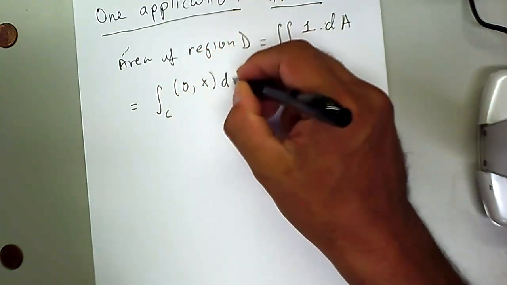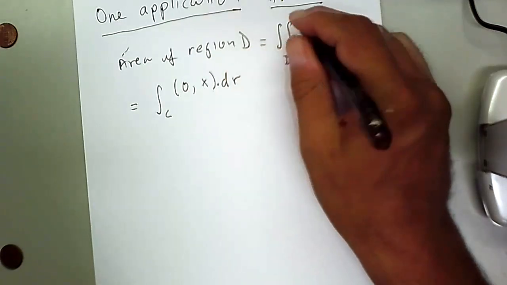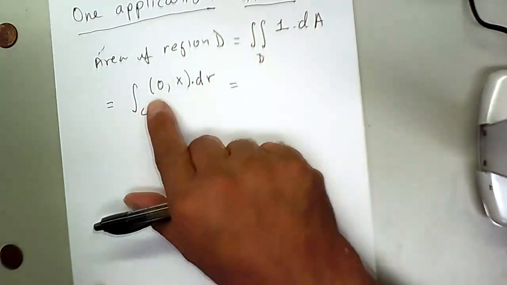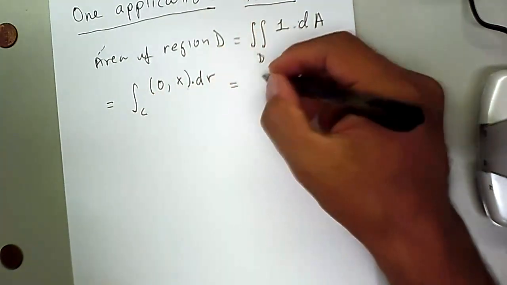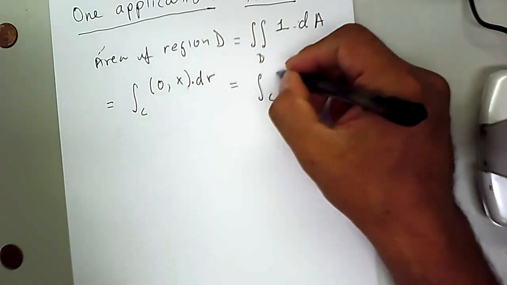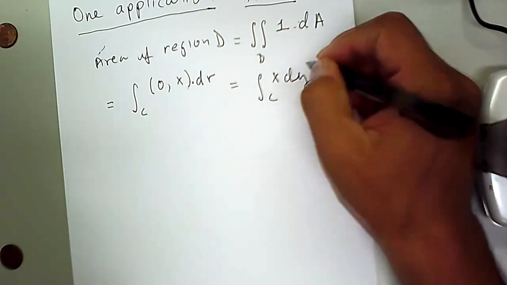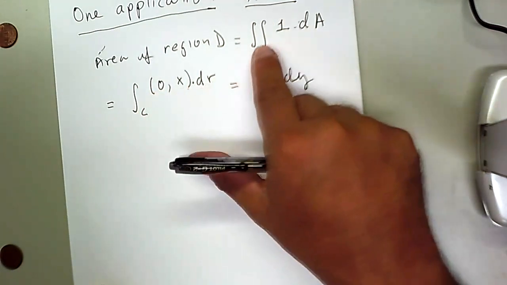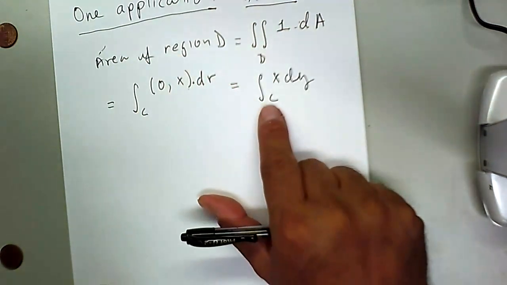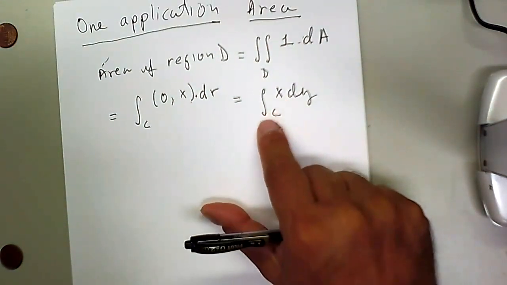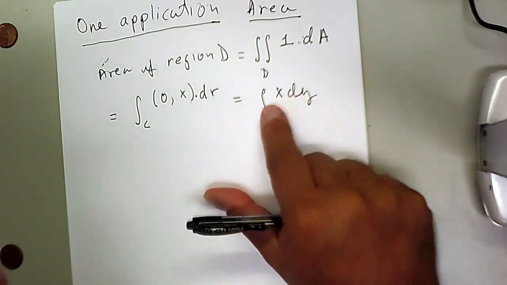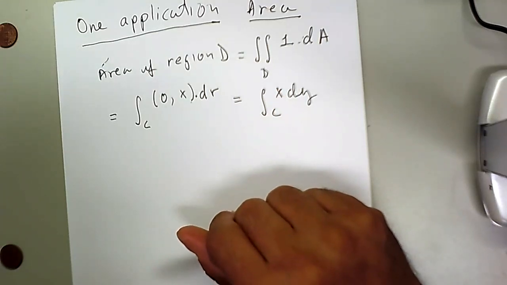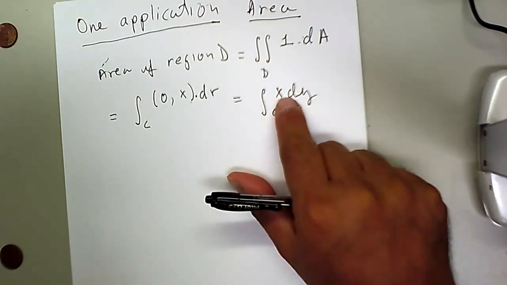So this will do. I prefer this notation, but you can actually break it up, so nothing here, and then the integral over the boundary of just x with respect to y. Because remember, this corresponds to x and that corresponds to y. So the area of a region D could be found by taking the line integral over the boundary of just x with respect to y. That is very interesting.